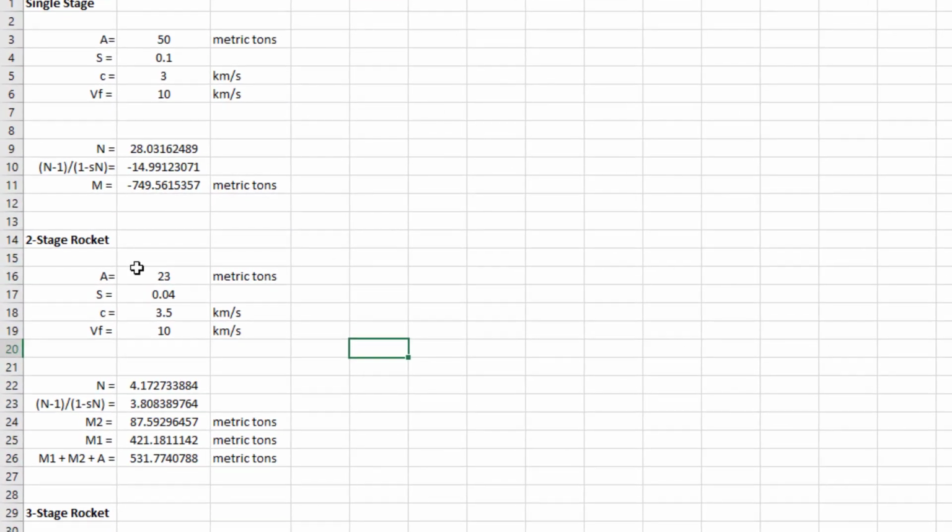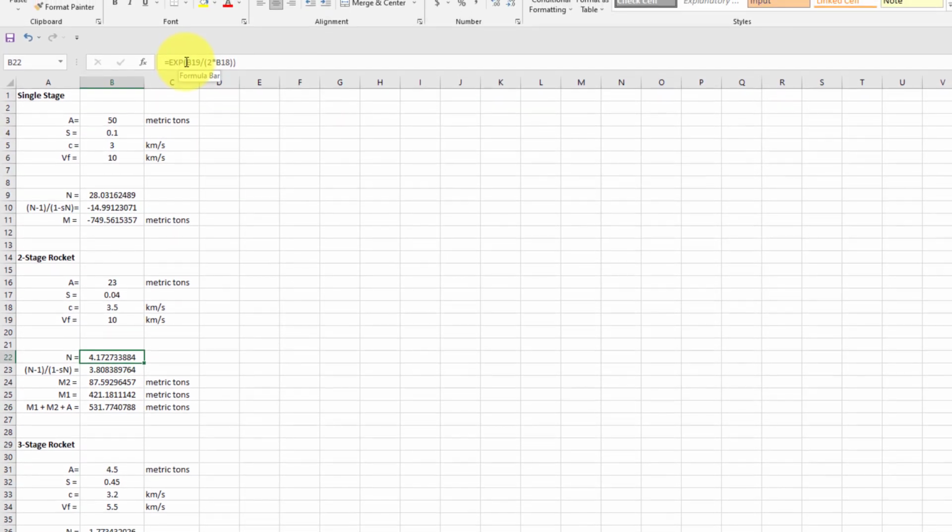So here in an Excel spreadsheet, I have for the 2-stage rocket input values for payload, structural factor, relative exhaust velocity, and required final orbital speed, or final delta V requirement. So these are all inputs. Here's the first calculation, this n value. This is the value that we already found out theoretically.